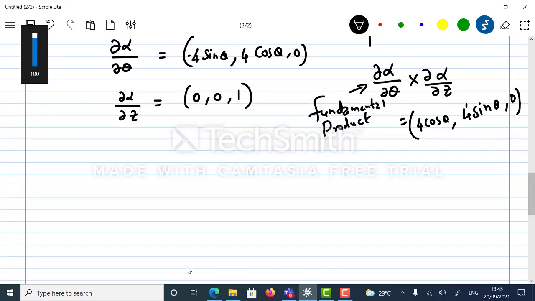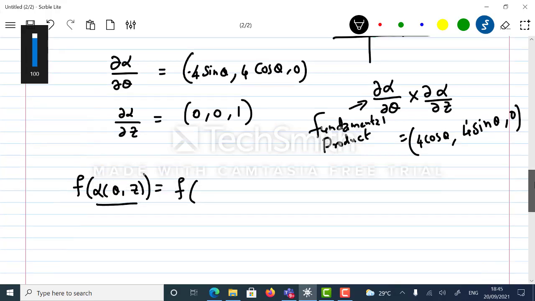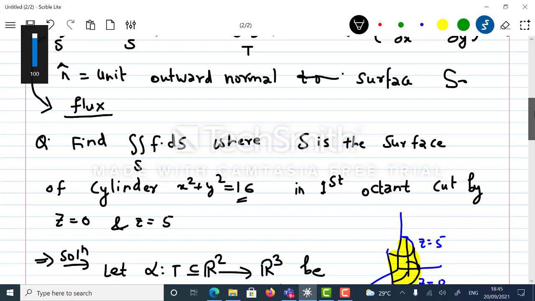For the surface integral, we also need to find f of alpha of theta comma z. I think I have not given the function, so let me write it down.